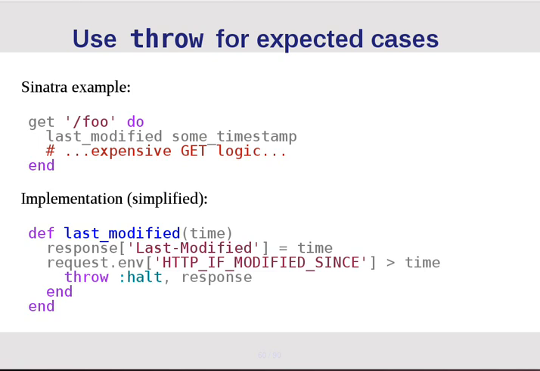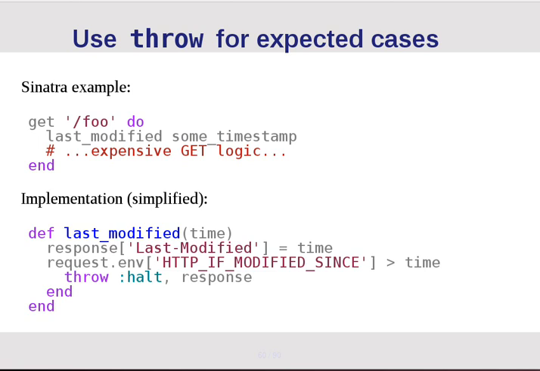If you do have a case where you want to unwind the stack several levels, but it's an expected case, not an exceptional case, Ruby provides a different mechanism. It provides the throw and catch mechanism just for that.